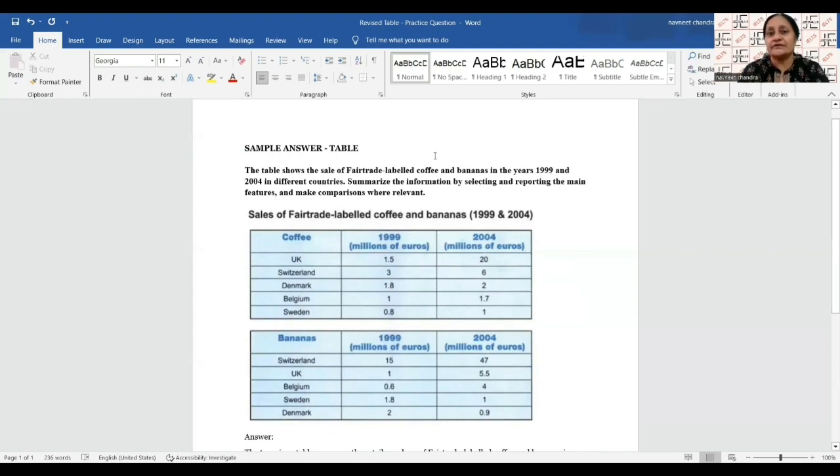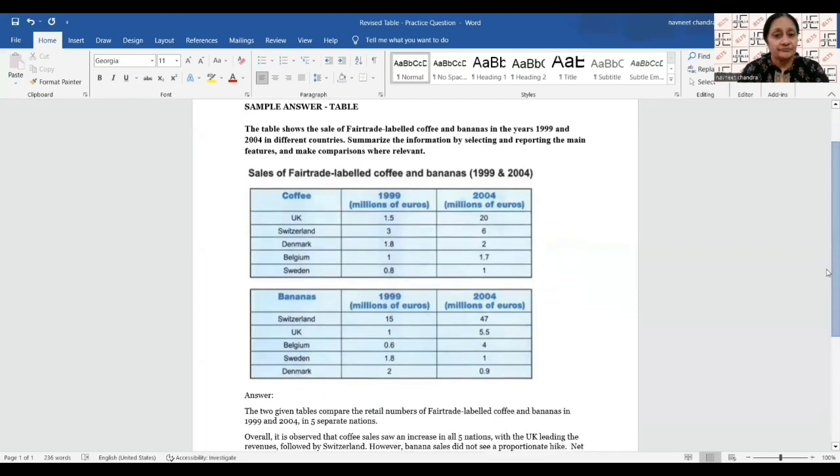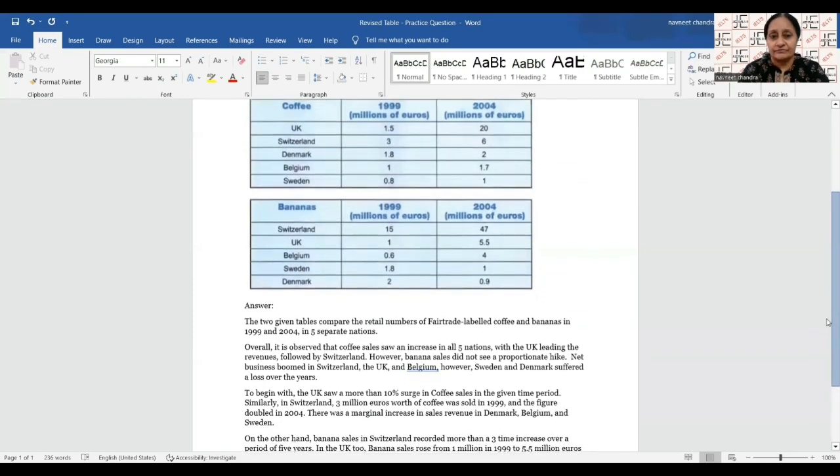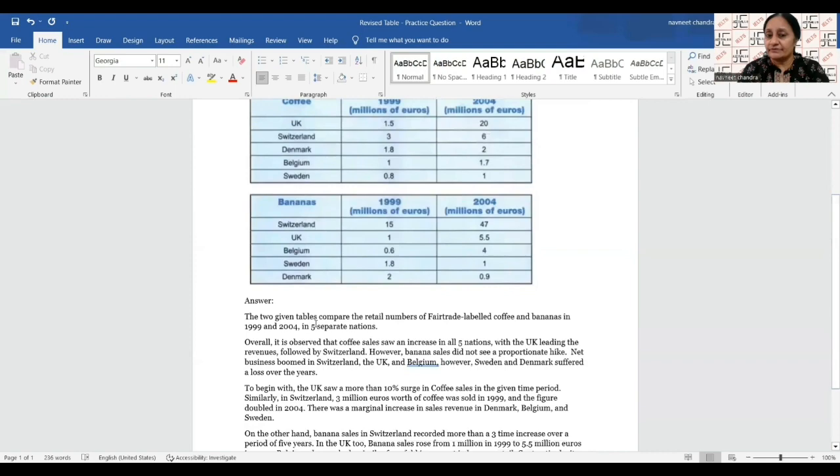The years will remain the same. Fair trade labeled coffee and bananas will remain the same. So, how do we write the introduction? We've written: the two given tables compare the retail numbers of fair trade labeled coffee and bananas in 1999 and 2004 in 5 separate nations. So we've changed the words a bit.